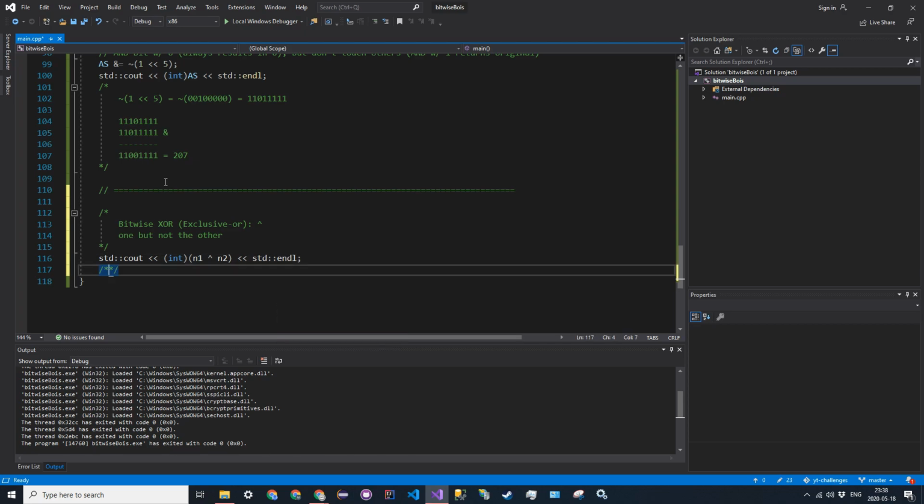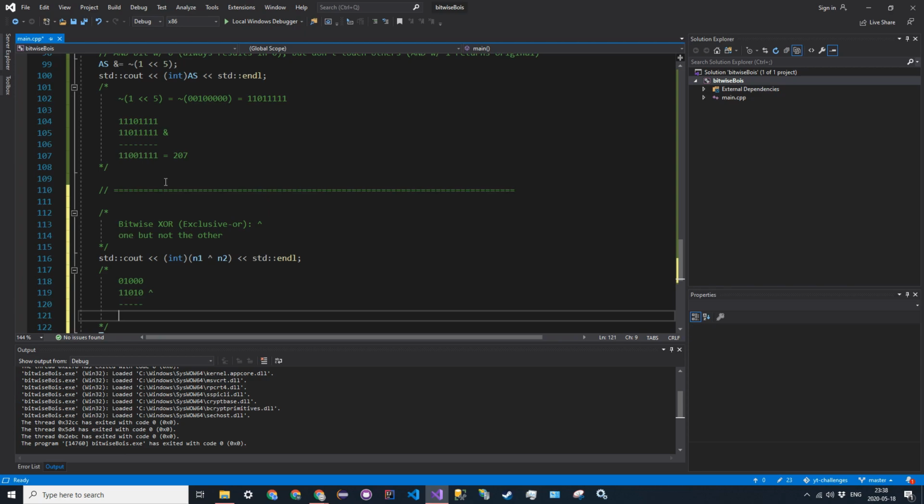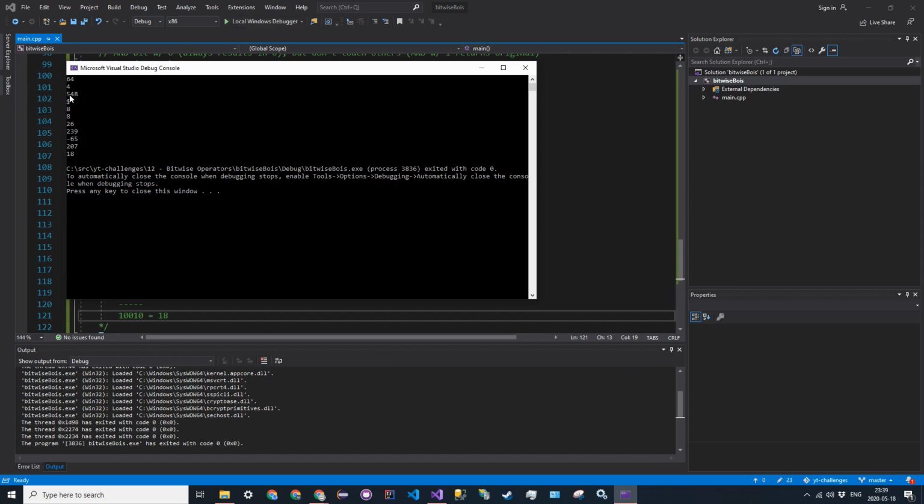Let's look at how this will work. We have 0 1 0 0 0, and we're XORing it with 1 1 0 1 0. Only one of the bits is active in the first position, so that's true. In the second, both are active, so that returns false. Then the next one is both 0, so that's none. Then that is 1, and then a 0 at the end. I believe this is equal to 18. So let's actually run this and see if it works. And we get an 18. Good.